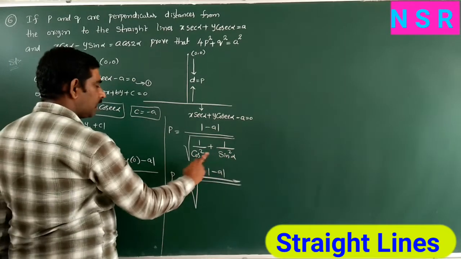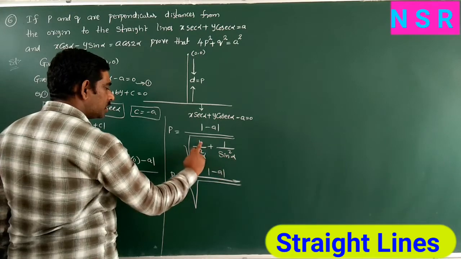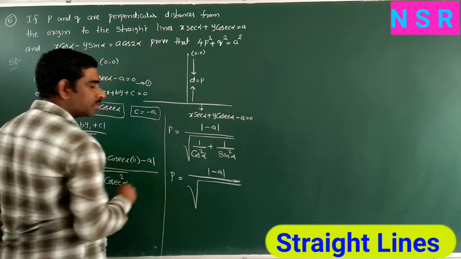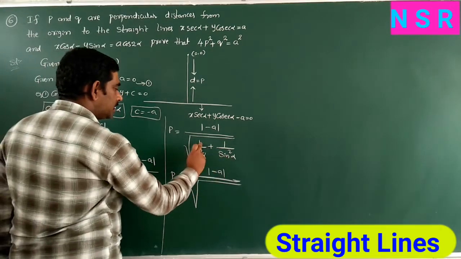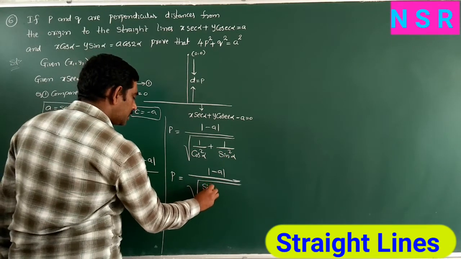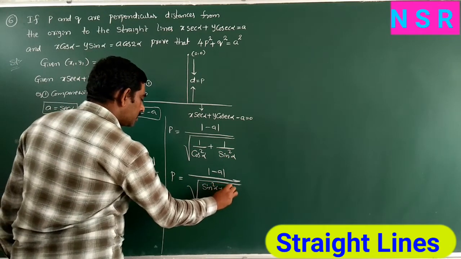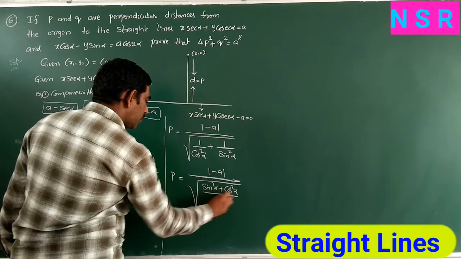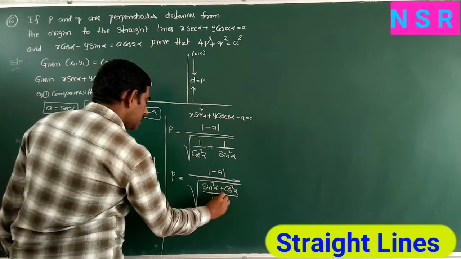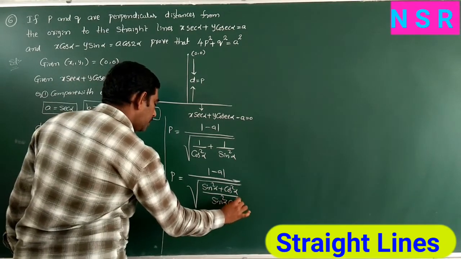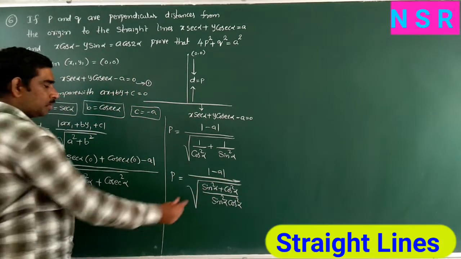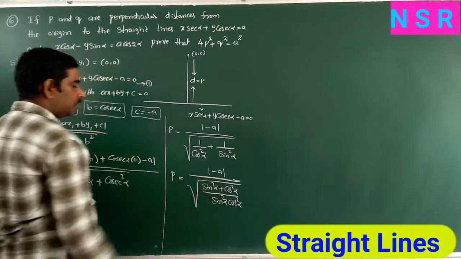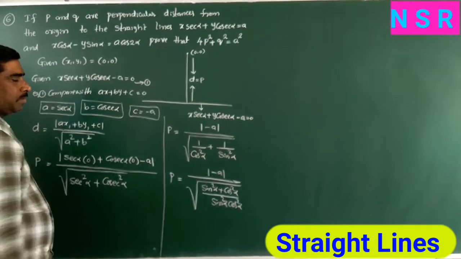Here sin square alpha and cos square alpha is the LCM. Sin square alpha multiplies this side and cos square alpha multiplies this side. Sin square alpha into 1 is sin square alpha plus cos square alpha into 1 is cos square alpha, by the LCM sin square alpha into cos square alpha. So in the denominator we have two terms; apply the root to both separately.